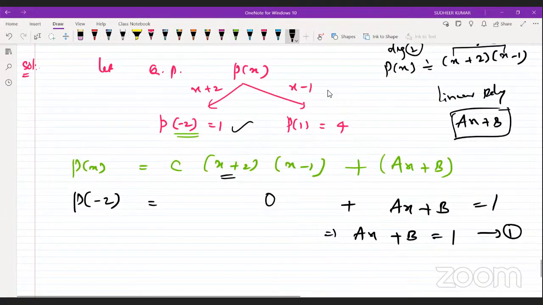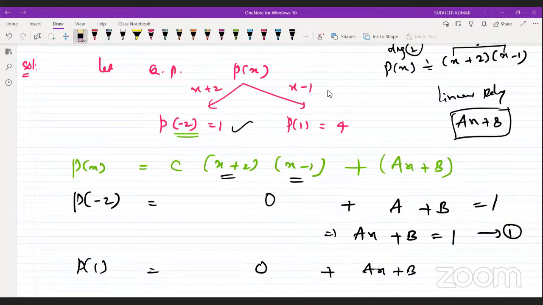So p of 1 is 4. If you substitute 1 here, again it becomes 0 plus ax plus b. For the first one, we should substitute x equal to minus 2, so this is minus 2a plus b is 1.